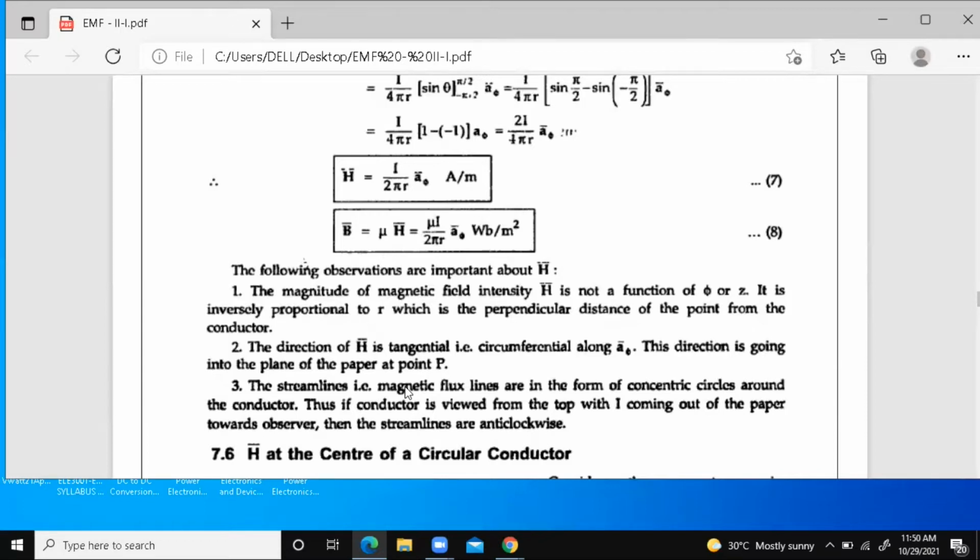So the magnitude of the magnetic field intensity H is not a function of phi or Z. It is inversely proportional to r, which is the perpendicular distance of the point from the conductor.